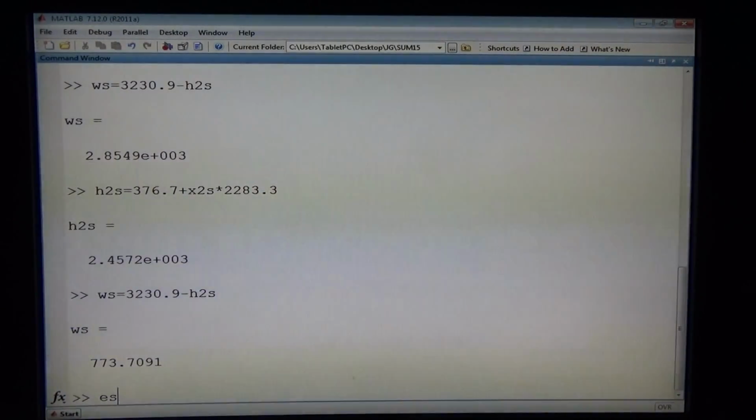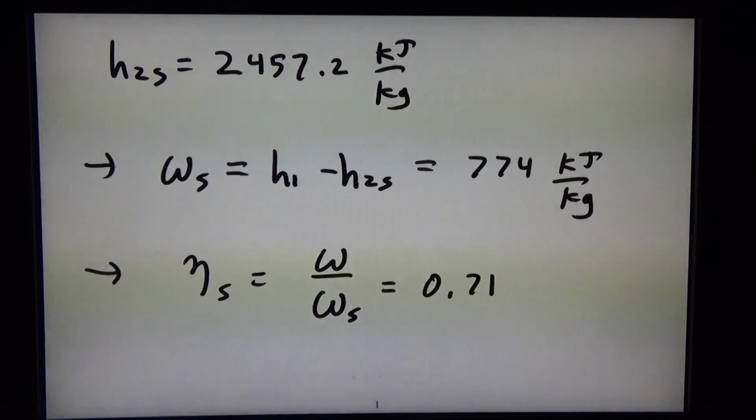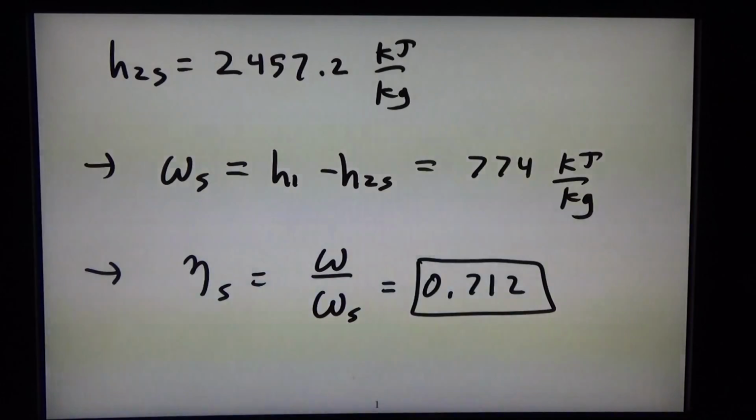So our efficiency is W divided by WS. We get 0.712, so about 71% efficient.